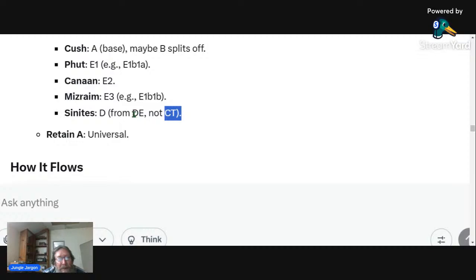Sinites are from DE. So they're not in Cush's lineage, but the Sinites are in the E lineage, E2 specifically. As far as I can tell, E1 is Put, E2 is Canaan, and of course E3 is Mitzrayim.